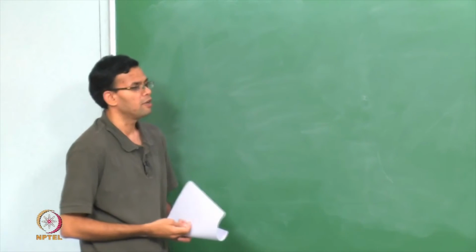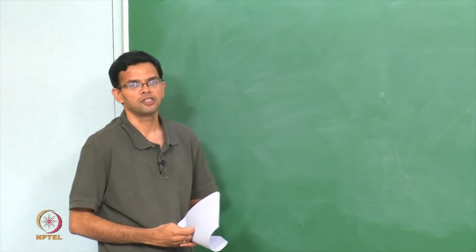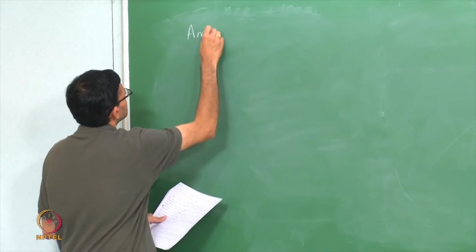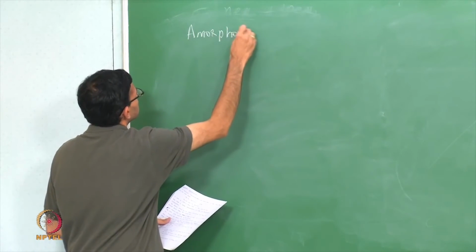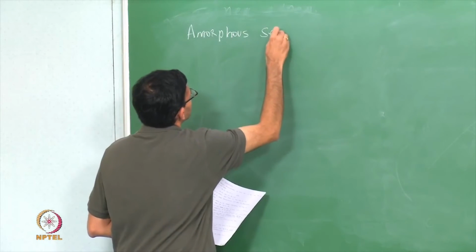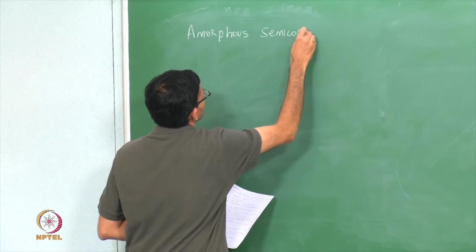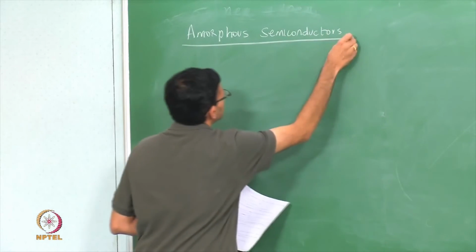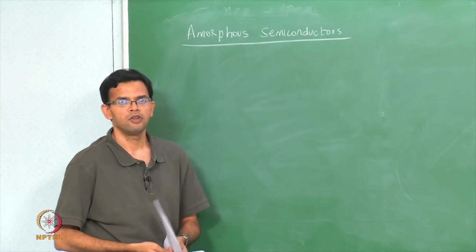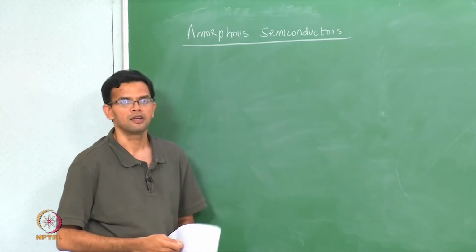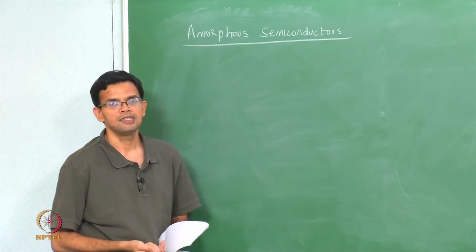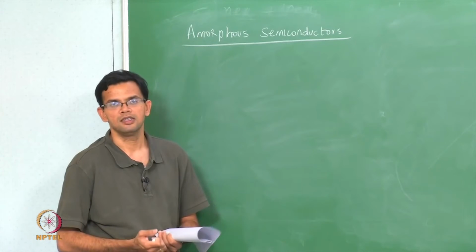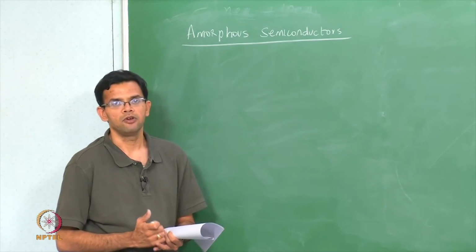The last topic that I want to cover when we are talking about electronic materials are amorphous semiconductors. So far, when we have talked about an intrinsic semiconductor or an extrinsic semiconductor, we always considered materials that are single crystals, which are perfect and have no defects.